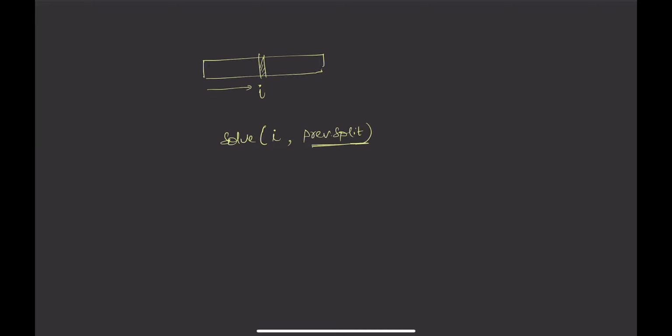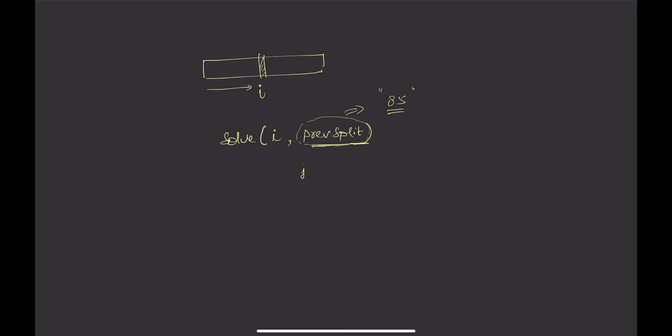So if I know the previous split was, let's say, 85, then I need to take the characters from i.